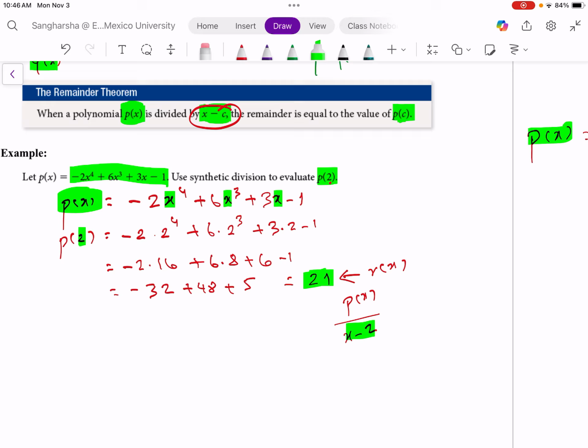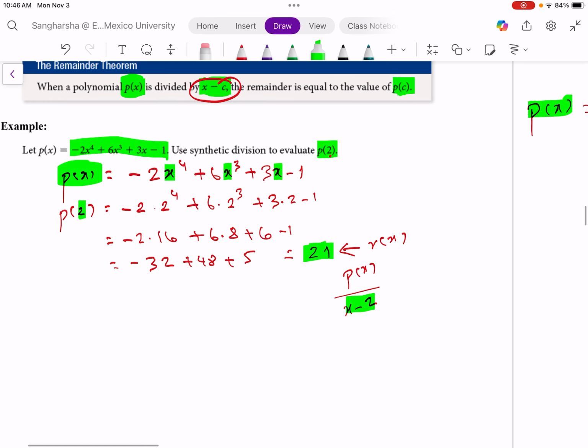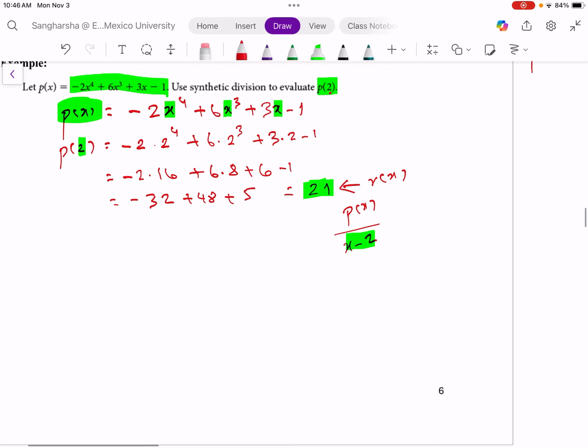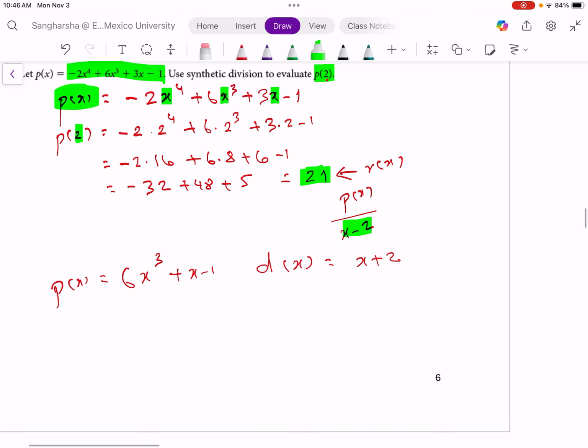Now let me take the previous case. So we had our polynomial p of x, 6x cubed plus x minus 1, and we are dividing this p of x by x plus 2. Now our target is finding r of x.